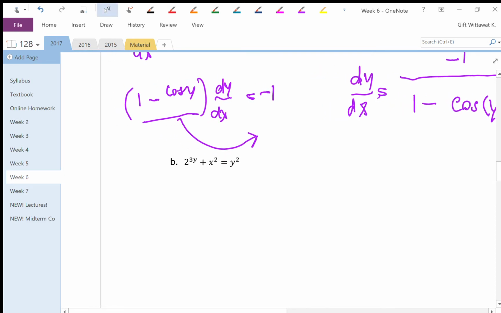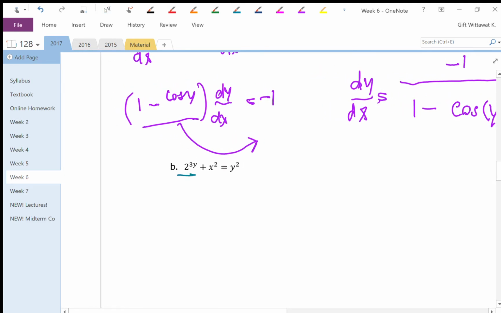I take the derivative of the whole thing. For 2 to the 3y, I'm going to have to use the chain rule again here. The derivative of 2 to the 3y is going to be log of 2 times 2 to the 3y. Because it's an exponential function, the derivative keeps log of 2 and 2 to the 3y the same.